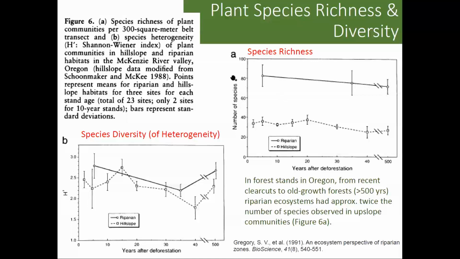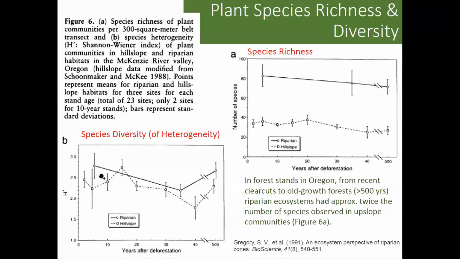The y-axis, or vertical axis, indicates the number of species. Look at that: there was almost double the number of species in the riparian ecosystem than in the upland forest, regardless of the age of the forest. Even from about 5 years to 500 years, you always had more species.